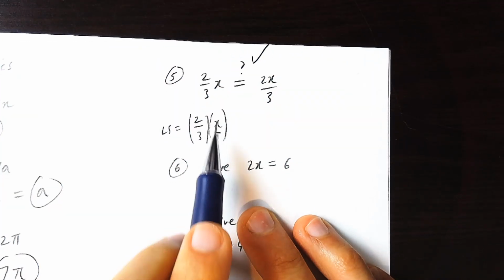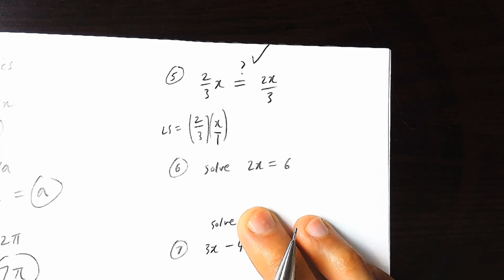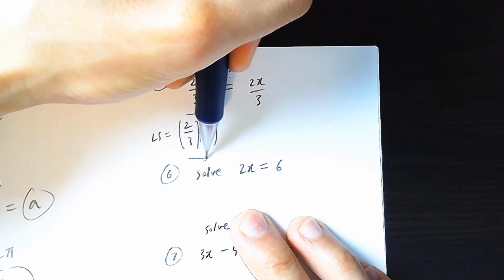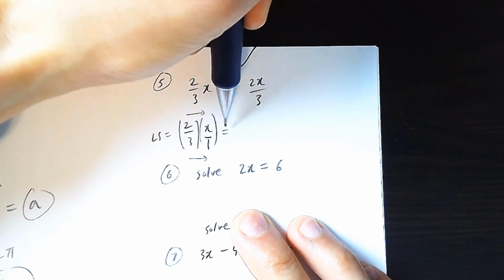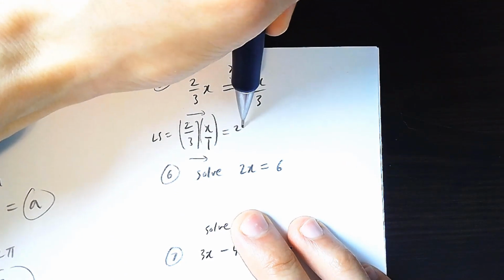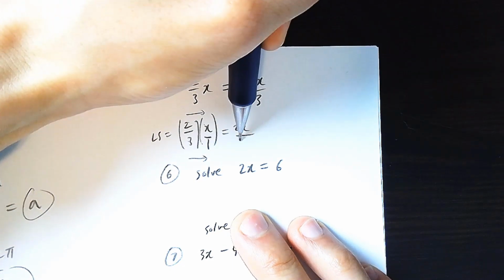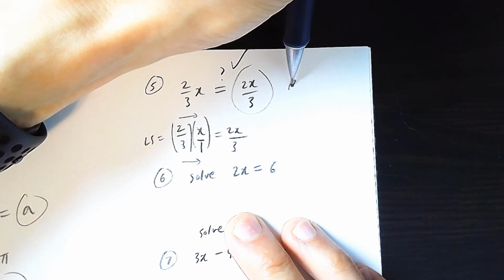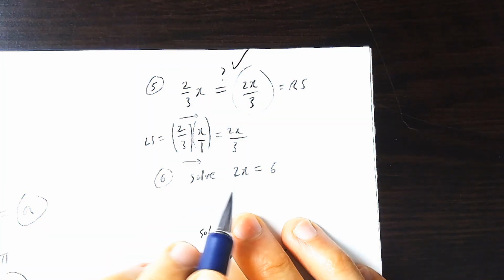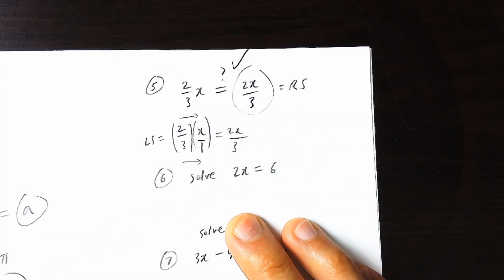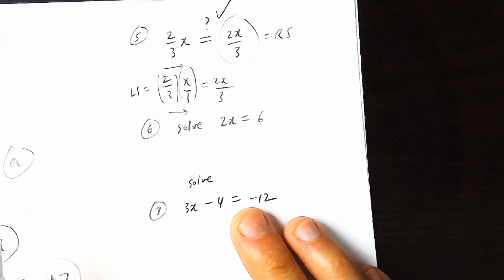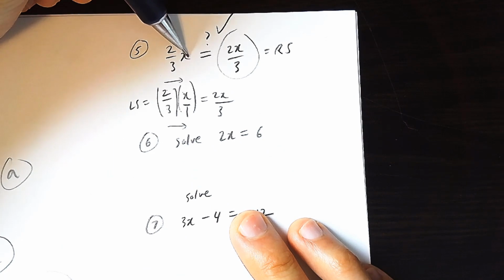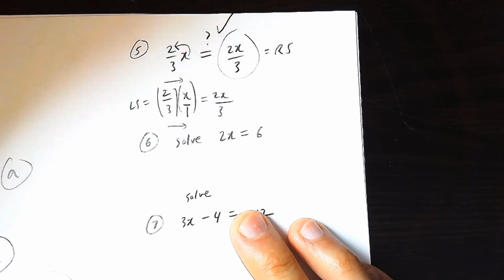Any number is itself divided by 1. And we learn in math that when you have two fractions, you simply multiply across. So the left side is going to be 2 times x, which is 2x, and 3 times 1, which is 3. So this part here originally was the right side. So clearly you can see left side equals right side. Same thing. So mentally from now on, whenever you have 2/3 x, be okay moving the x to the numerator. It's the same thing.